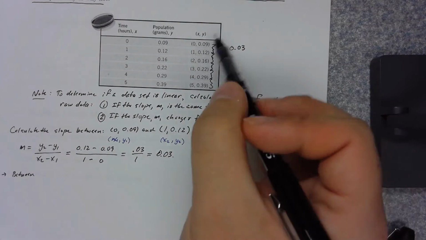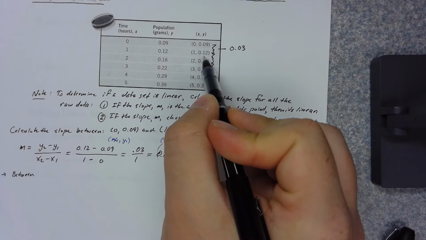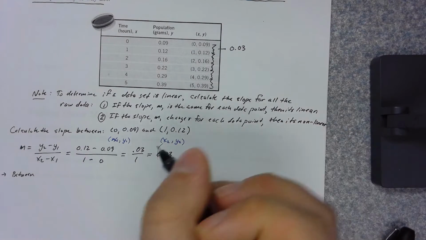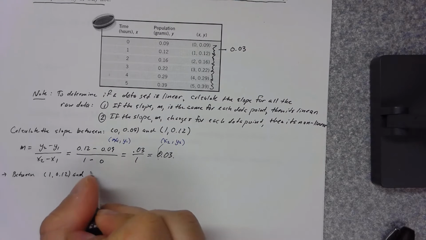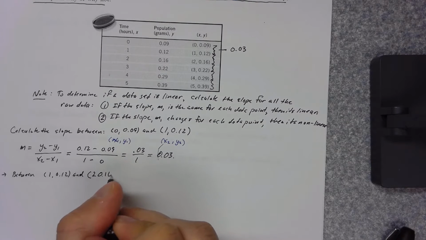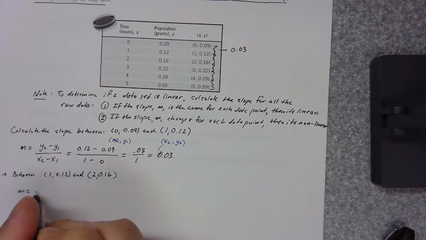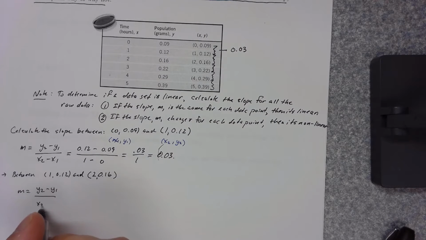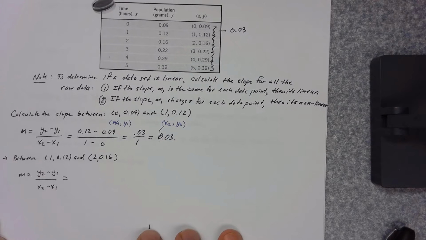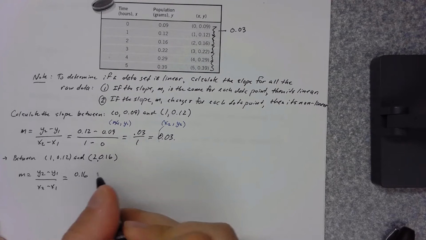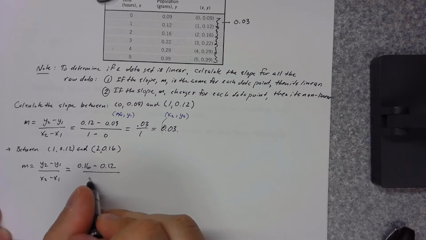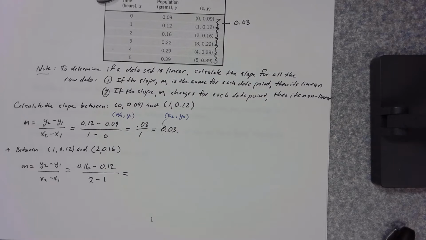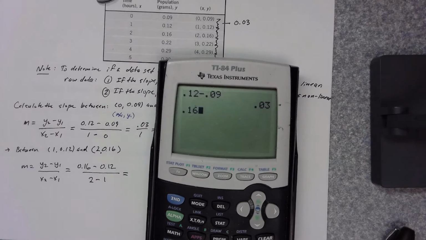So let me look at the slope between 1, 0.12 and 2, 0.16. All right, so 0.16 minus 0.12 over 2 minus 1. So 0.16 minus 0.12 gives me 0.04 over 1.